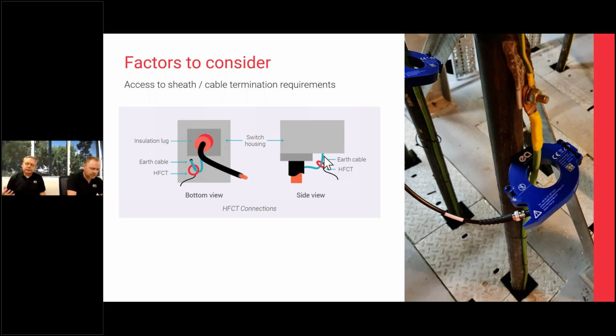A lot of switchgear nowadays, you will have the situation where you don't get access to the cable, you don't see it, and the screens are terminated inside the switchgear. If that's the case, then the only true way of utilizing this technology is to permanently install HFCTs inside that switchgear, take the cables out, and run them up the channel to the secondary chamber into a breakout box.